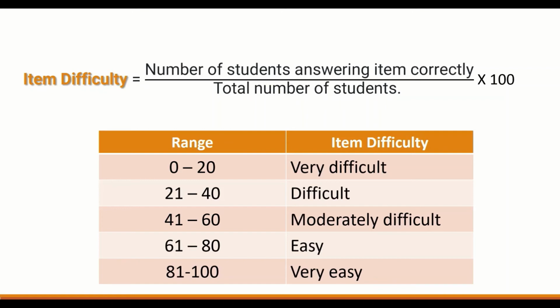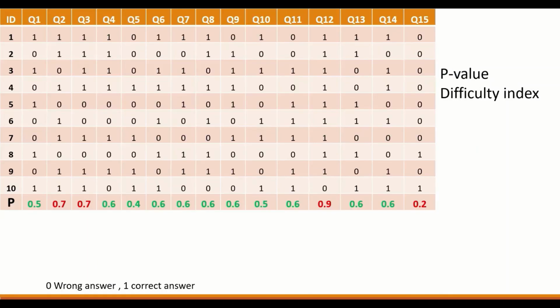Any question in the 61 to 80% range is considered an easy one, and a question with a p-value greater than 81% is considered a very easy question. So these are the criteria to classify questions based on the item difficulty value.